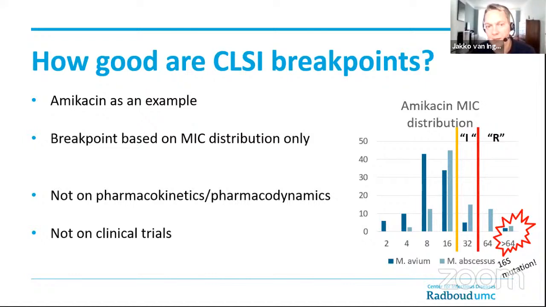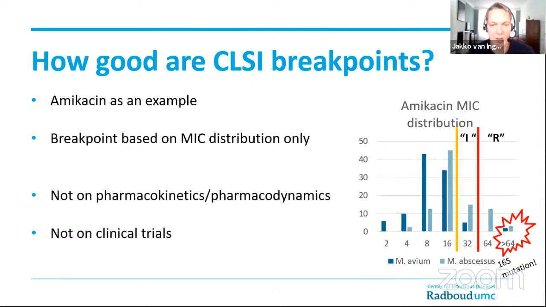So if the isolate is susceptible and the patient has a peak serum concentration or an AUC within target ranges for amikacin, that does not mean that that will predict a good outcome of treatment. That has not been studied.